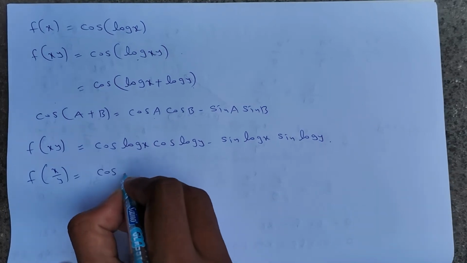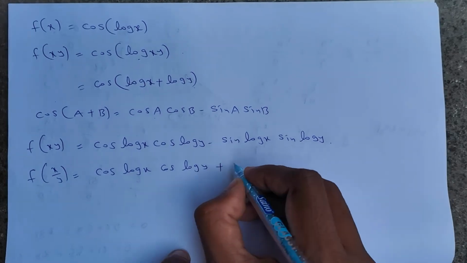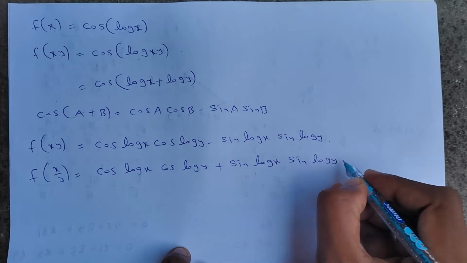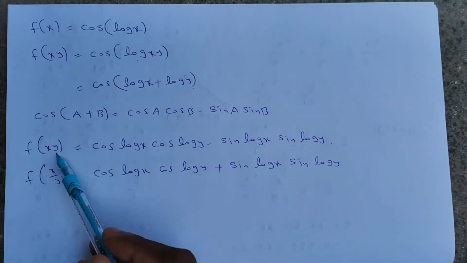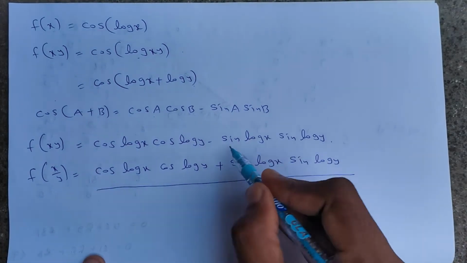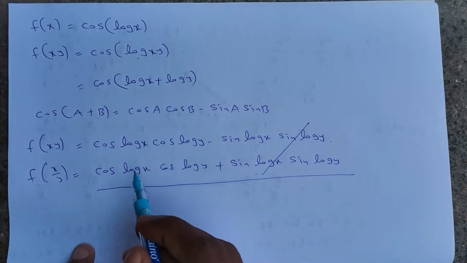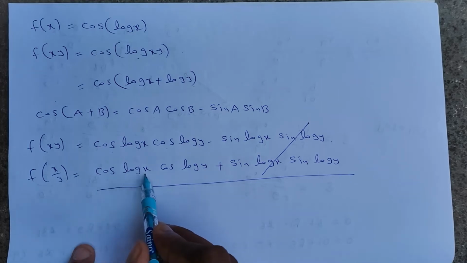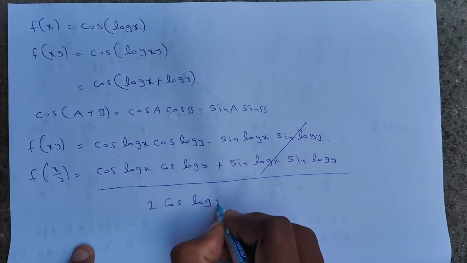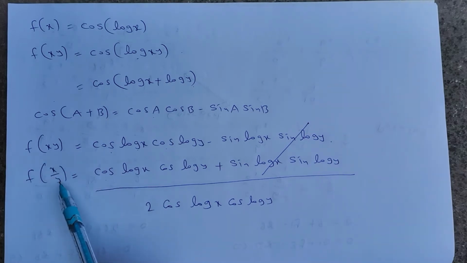F of x by y value is cos log x cos log y plus sin log x sin log y, and we want f of xy plus f of x by y. So I am doing addition of these two equations. Minus sin log x sin log y plus sin log x sin log y, both will get cancelled. So we remain with cos log x cos log y plus cos log x cos log y. So it is there two times. So we get 2 into cos log x cos log y. This is the value of f of xy plus f of x by y.